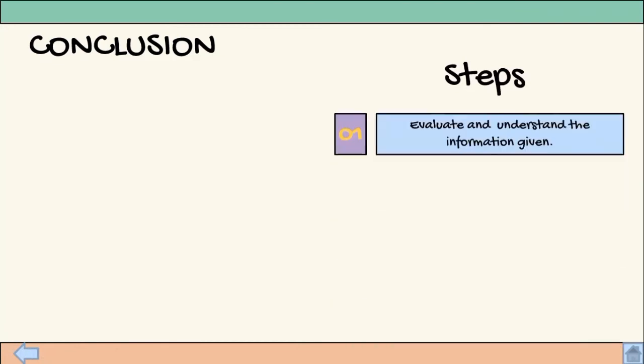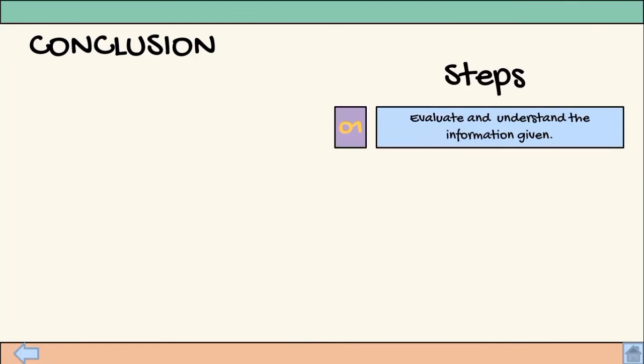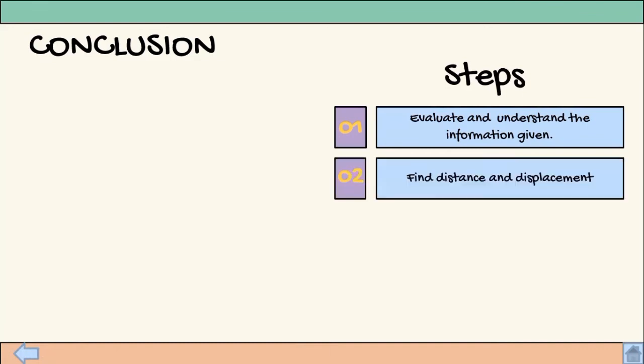What are the steps in determining the distance, displacement, velocity, speed, and acceleration? The first step is we need to evaluate and understand the information given. Then we find the distance and displacement. It is a must, because we will use them in finding the speed and velocity.